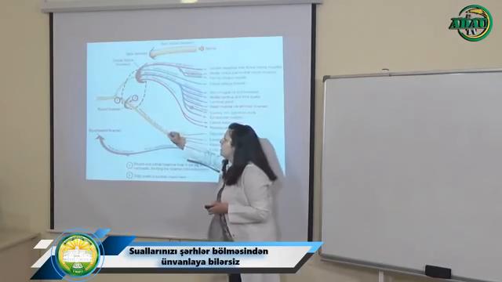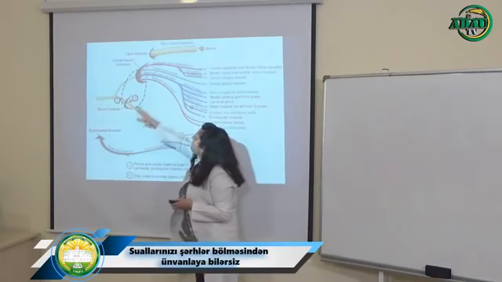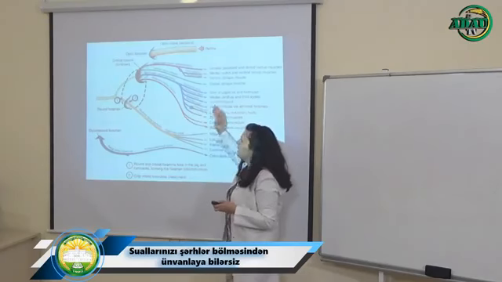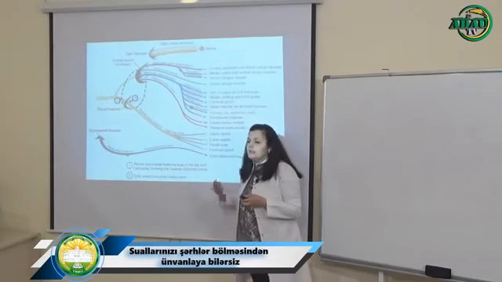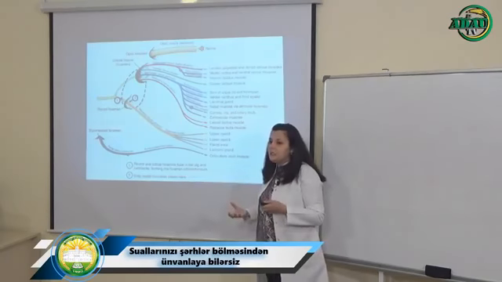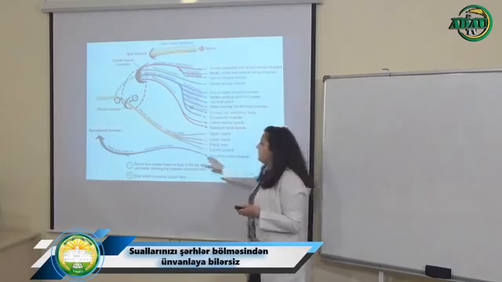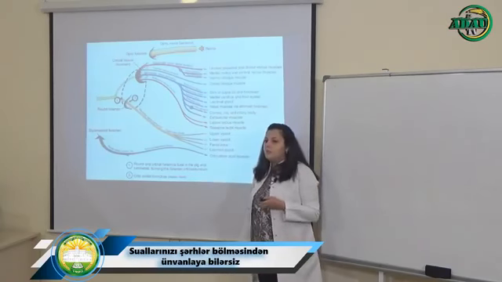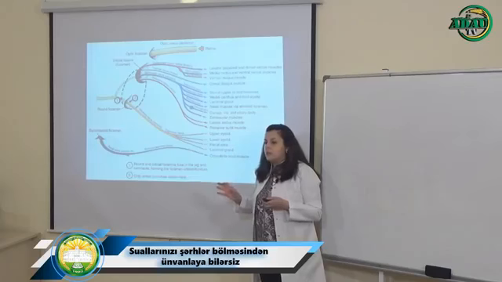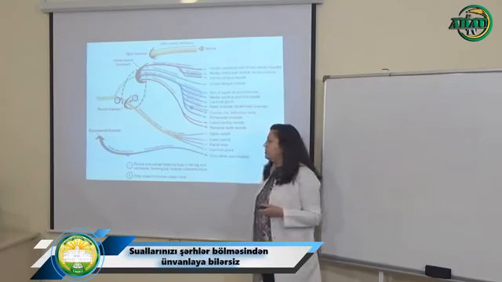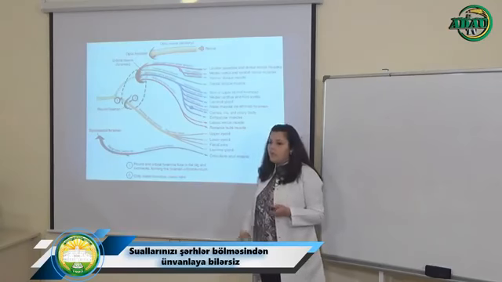Nervus trigeminus gives the branch called nervus ophthalmicus, which is a sensory nerve and gives lots of branches: lacrimal, infratrochlear, trochlear, and nasociliary branches, which give sensory innervation to the eyeball. And of course the facial nerve, which mainly provides the innervation of the lacrimal gland and also of the musculus orbicularis oculi, which surrounds the eyeball.